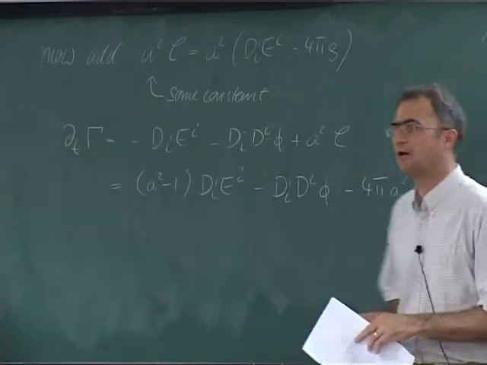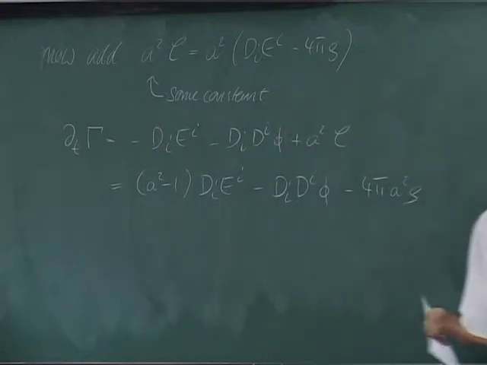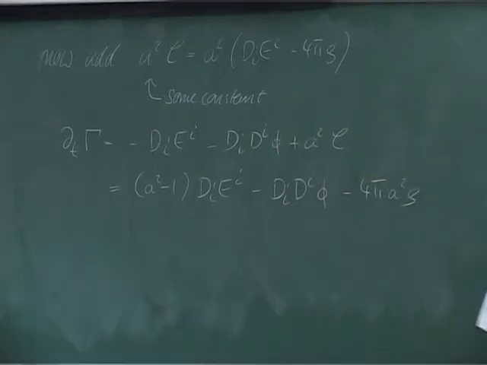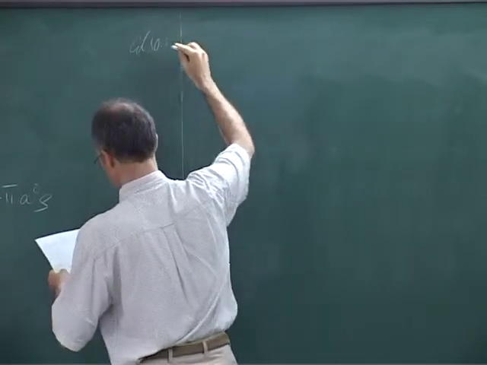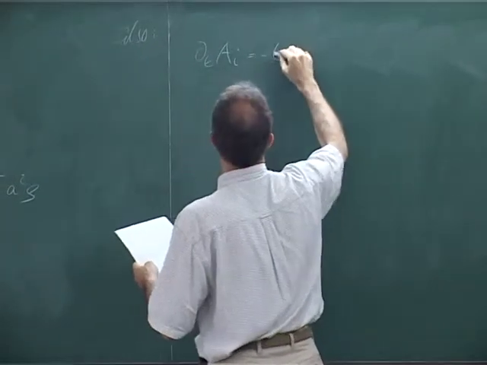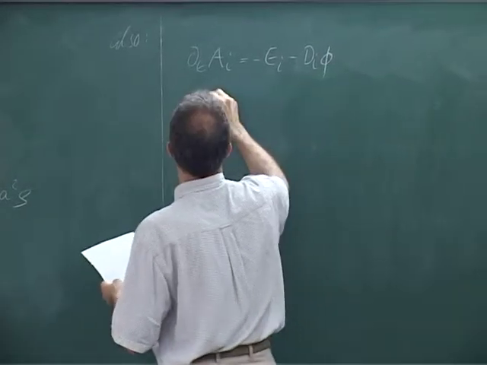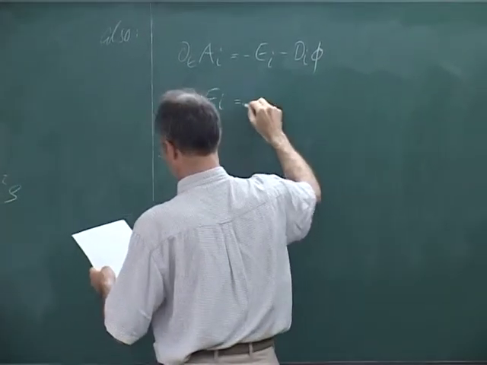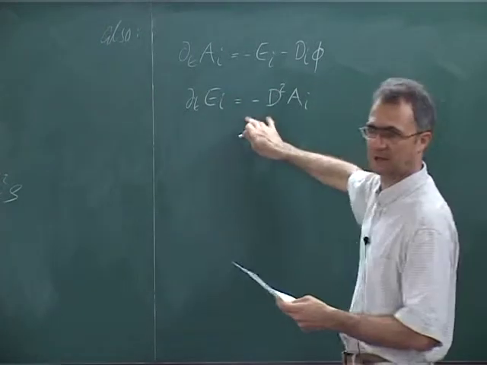Of course, we still have the evolution equations for E and A. And in the equation for E, we now replace this one term in terms of gamma. So the other evolution equations that we still have are partial_t A_i equals minus E_i minus d_i phi, and partial_t E_i equals minus the Laplace operator acting on A, which is the nice term.